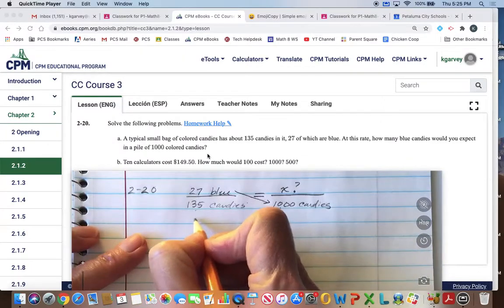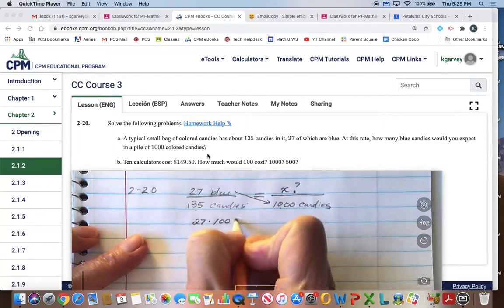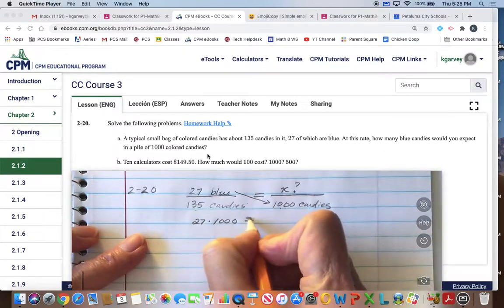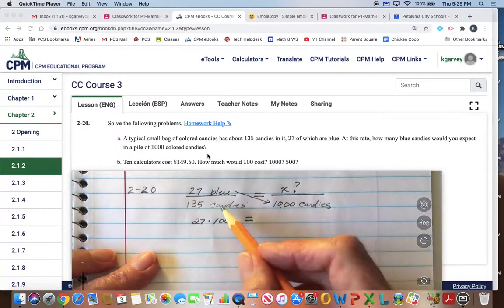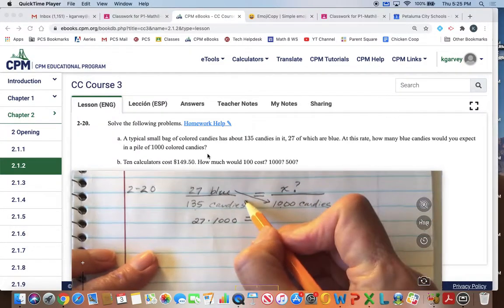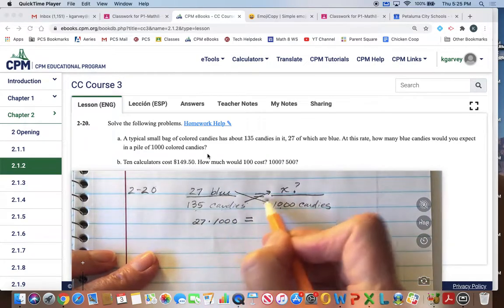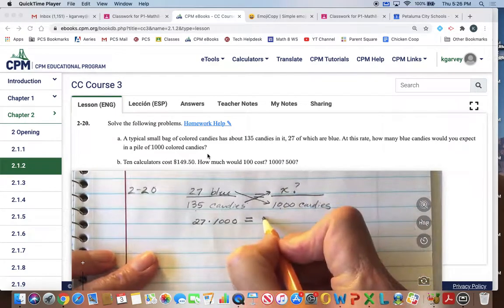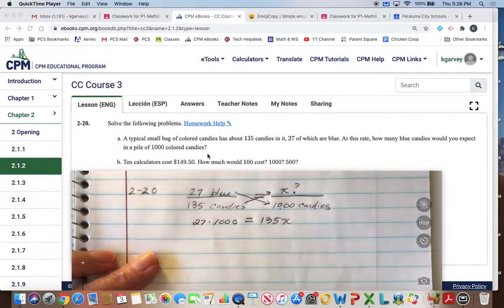So let me write that down. 27 times 1,000. And then we're going to put an equal sign because we're creating a new equation. So the next thing we do is cross-multiply this way, which is 135 times our x. So let's do that. 135 times x.